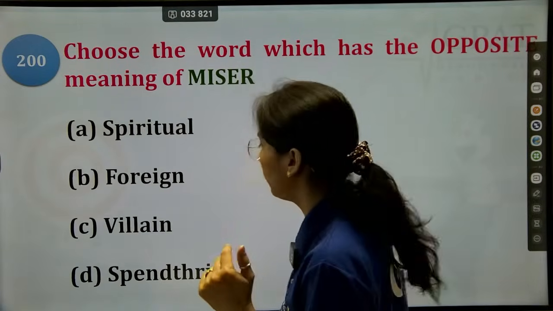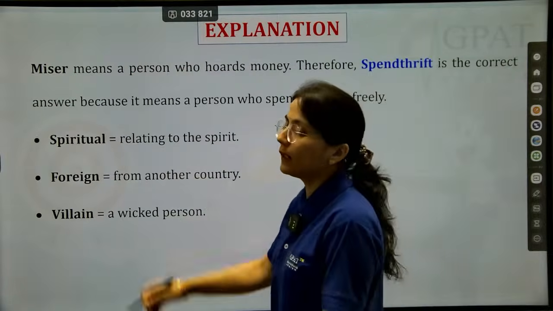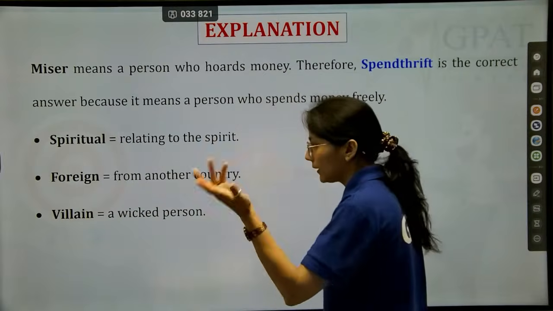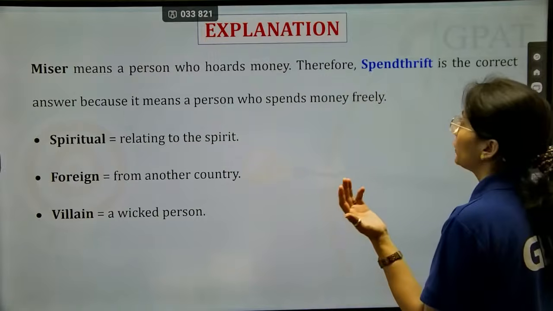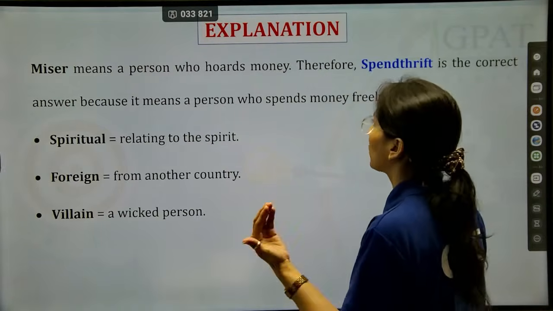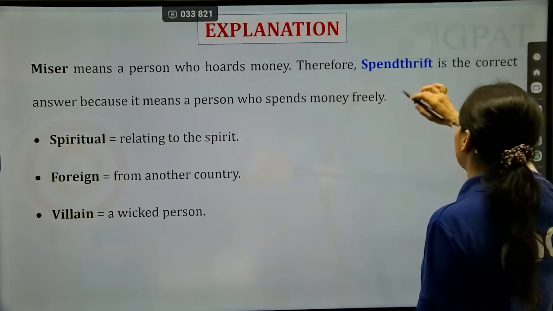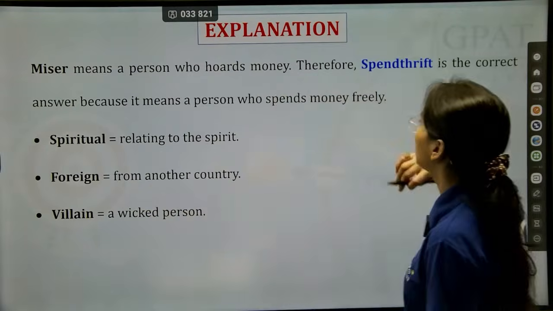So the answer is spendthrift. Spiritual is related to spirit, foreign is from another country, villain is a wicked person. Miser means a person who hoards money, therefore spendthrift is the correct answer because it means a person who spends money freely.